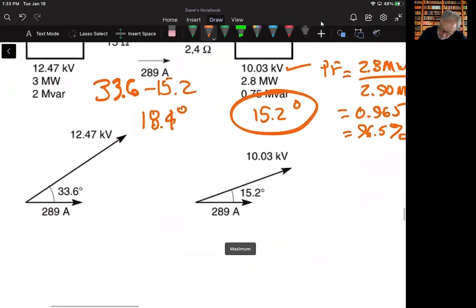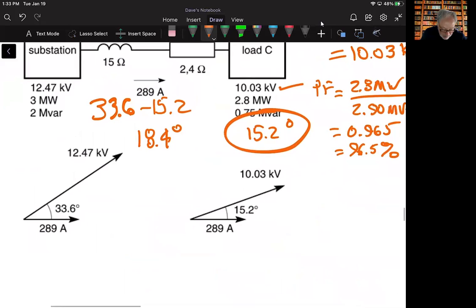So here's what we came up with. Here are our drawn relationships, all these things that we determined, so here's that initial voltage, here's our load voltage, substation voltage, load voltage. Notice the situation with the phase angle, right?